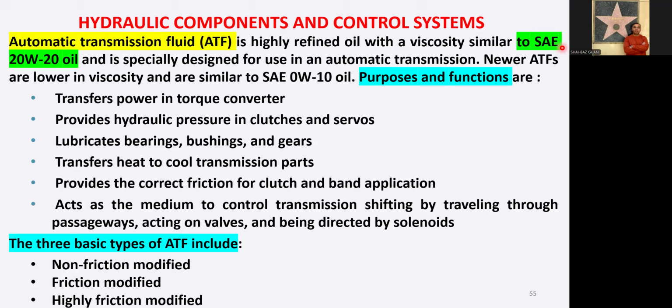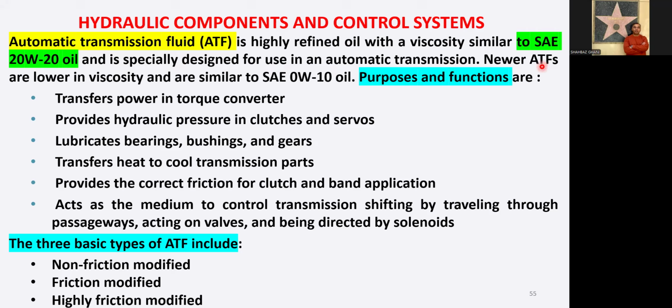SAE means Society of Automotive Engineers and the grade is 20 winter-20 oil. So the automatic transmission fluid is a highly refined oil with a viscosity similar to that of 20W-20 oil and is specifically designed for use in an automatic transmission. So it is specifically designed to be used in your automatic transmission.